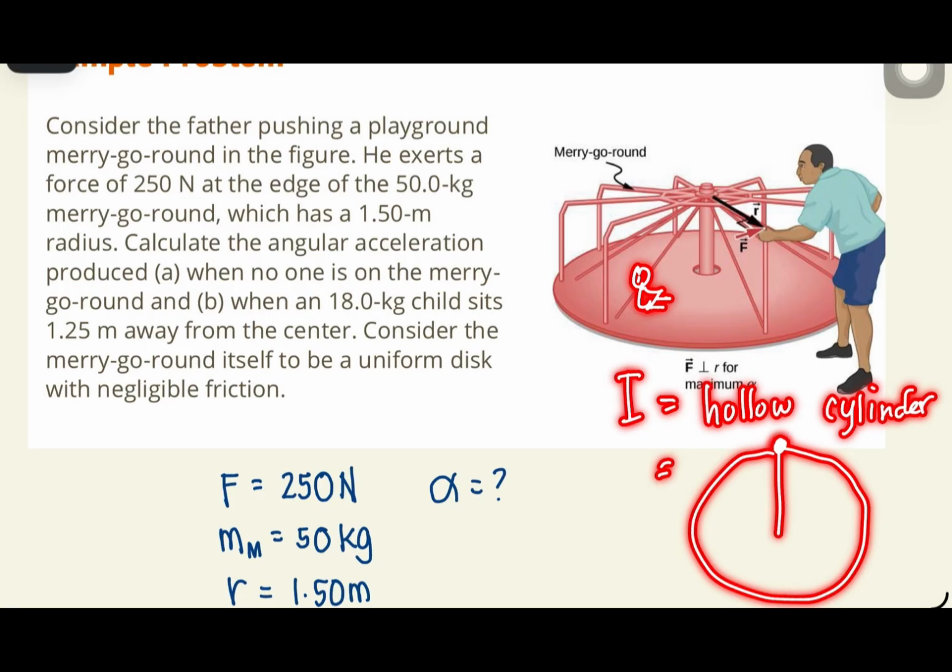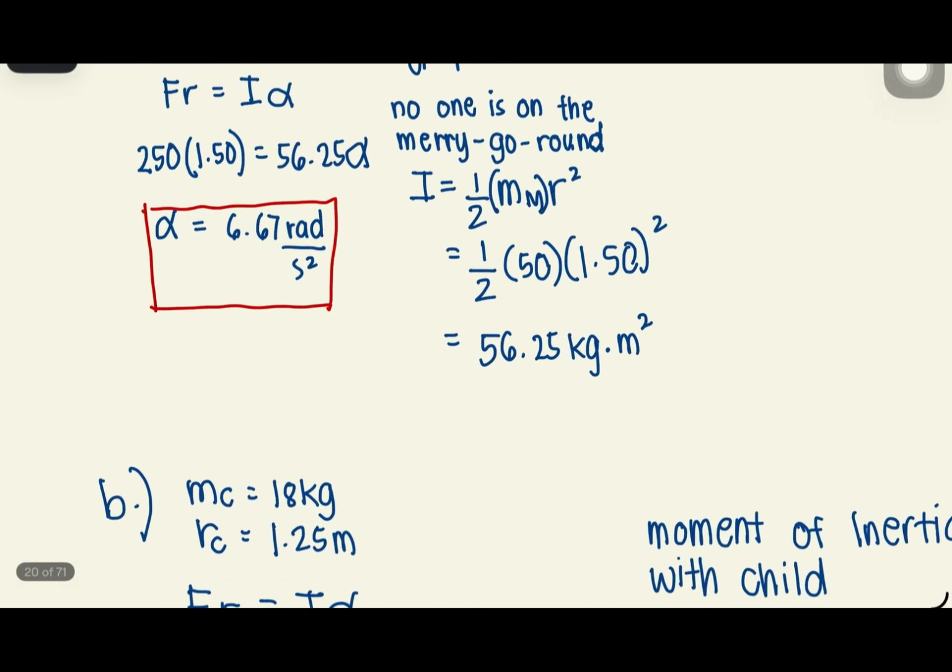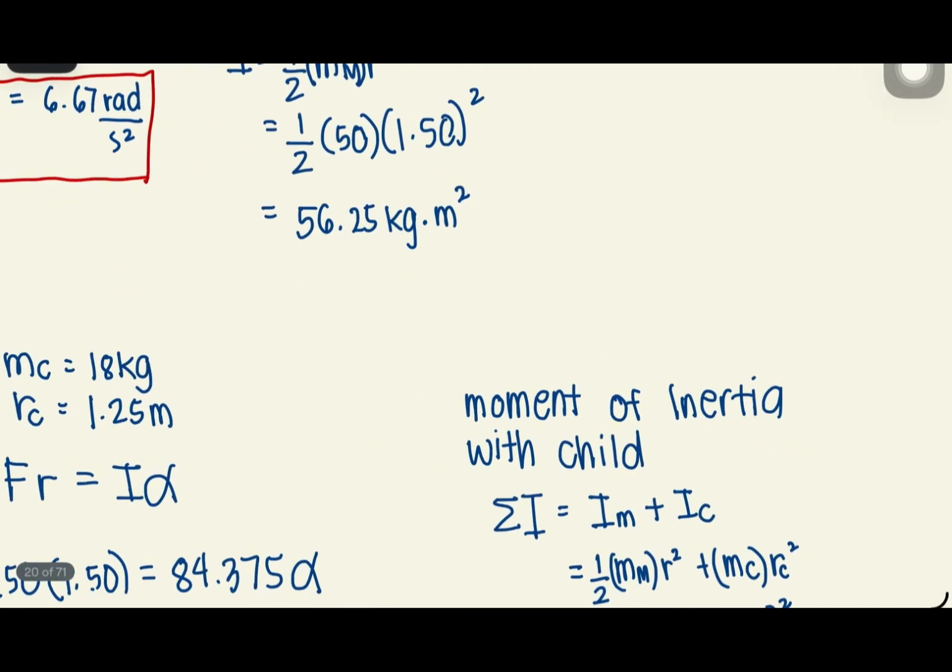So, kamukha siya nung point load dito ng mass. Point load ng child. Okay? Kaya yung I ng child is equal to m r squared. So, pakicheck na lang po ng formula ng hollow cylinder dun sa naunang video.